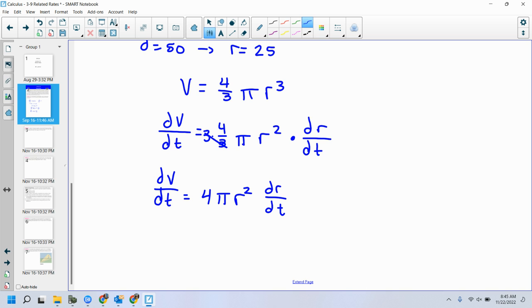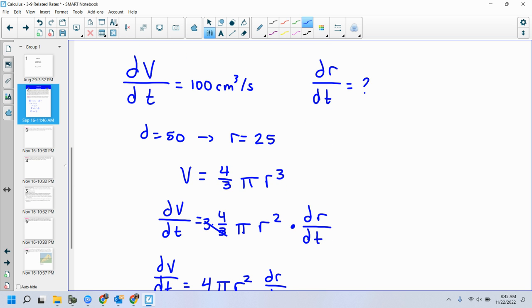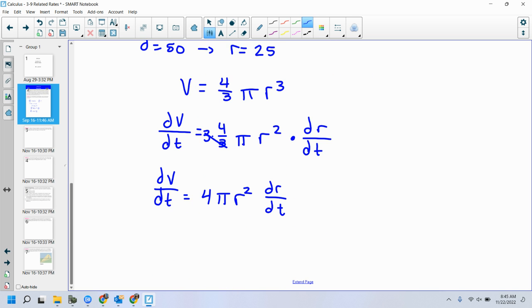Okay, so now I've got an equation with dV/dt, r, and dr/dt. Two of those are known. What is dV/dt? 100. What is r? 25. I can calculate dr/dt. So dV/dt is 100, and then I take 4 times pi times 25 squared times dr/dt, and I can solve this equation for dr/dt.